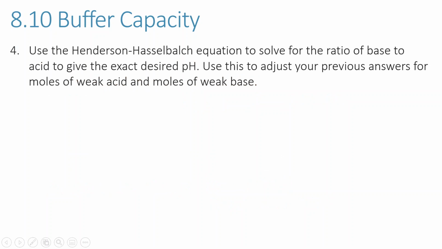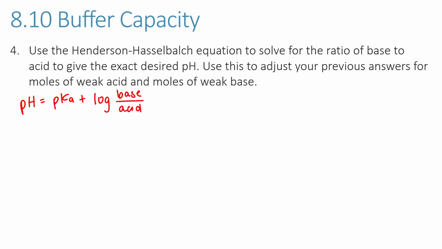So now we want to use our Henderson-Hasselbalch equation to solve for the ratio of base to acid to give the exact desired pH. So we know the equation: pH is equal to pKa plus the log of base over acid.